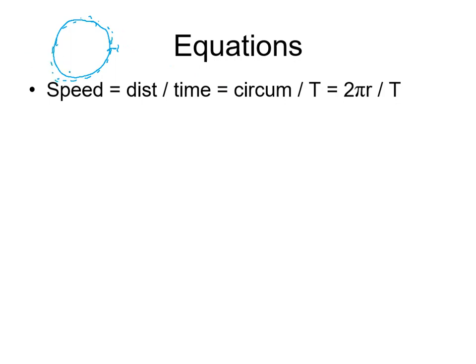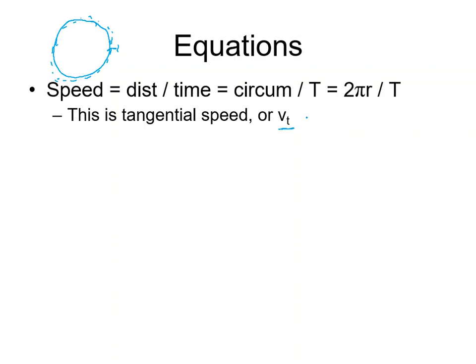That is going to be the circumference, and we already defined what the period is. The period is just the amount of time it takes to go around in a circle. So if we divide the circumference by the period, that is going to be the tangential speed. Now we're going to simplify and we're going to call it v sub t.